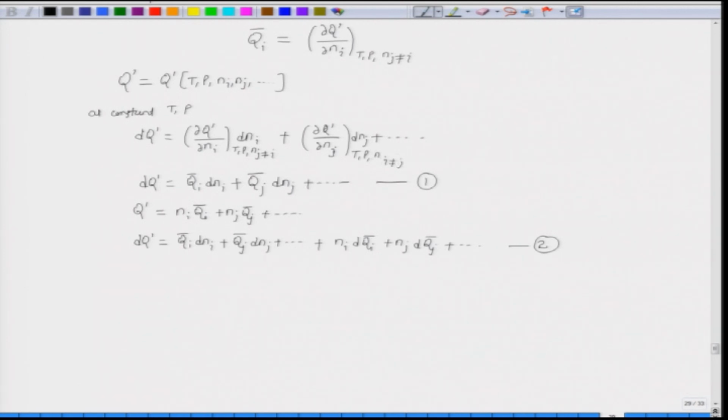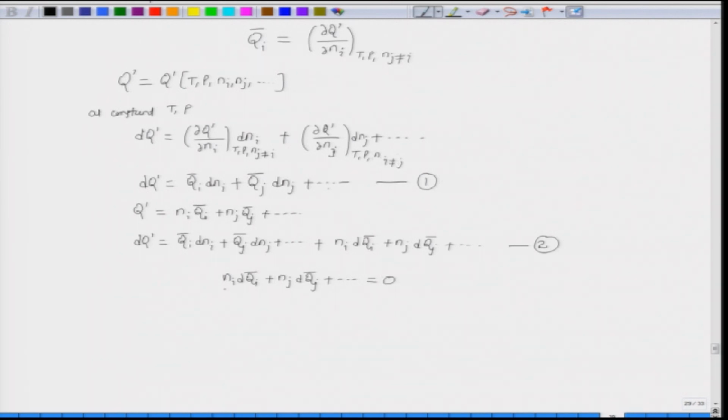And if we compare equation 1 with equation 2, we see that Ni dQi bar plus Nj dQj bar and so on should be equal to 0.